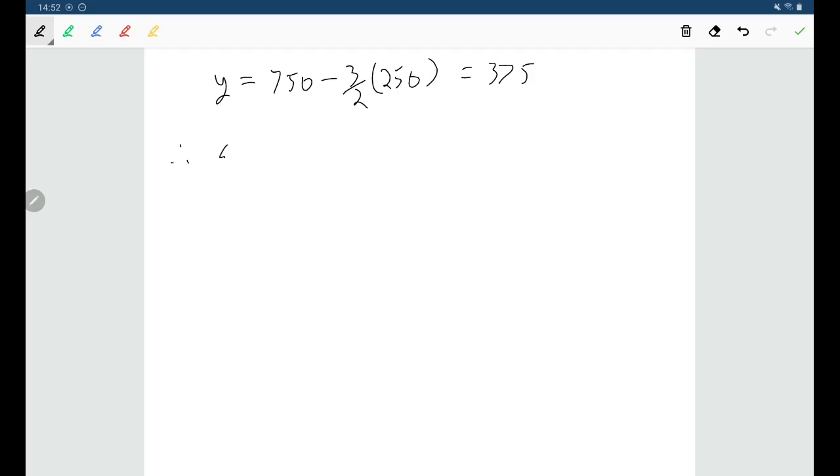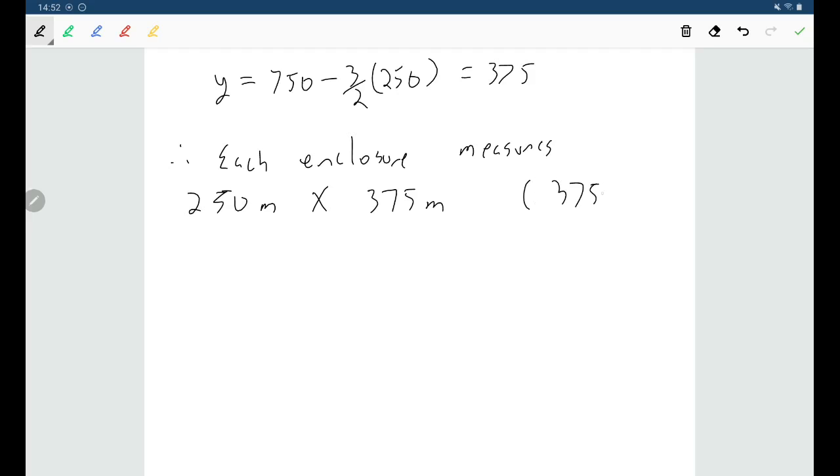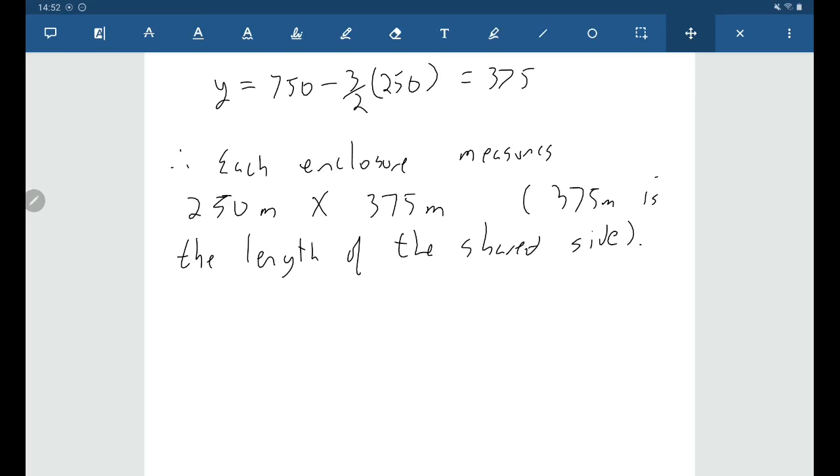So that means each enclosure measures 250 meters by 375 meters, where 375 meters is the length of the shared side. And there we go. Those would be the dimensions that we would need to maximize our area.